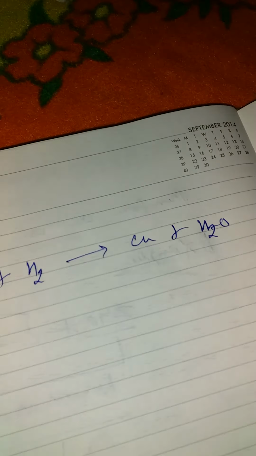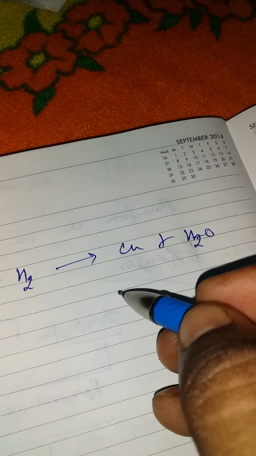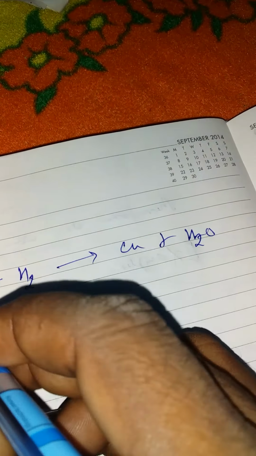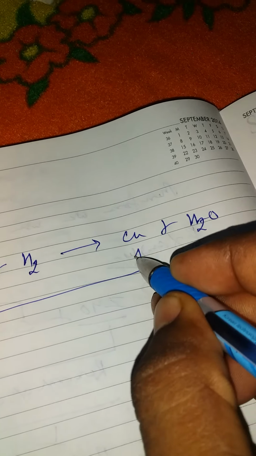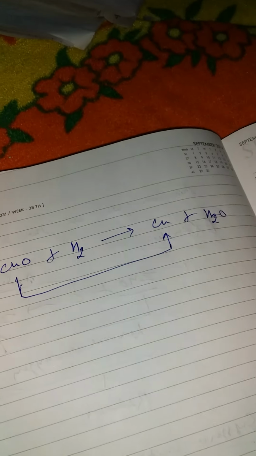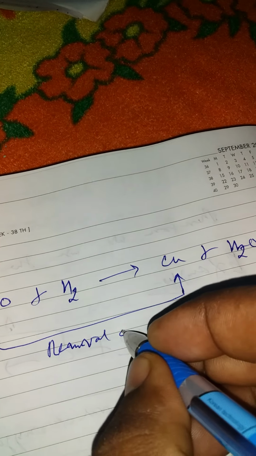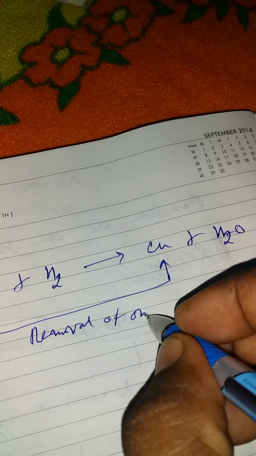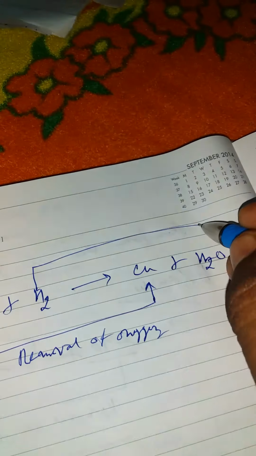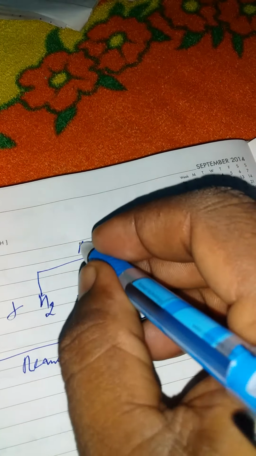So in this redox reaction, we see that CuO converts into Cu, that means removal of oxygen, and in the other, addition of oxygen.